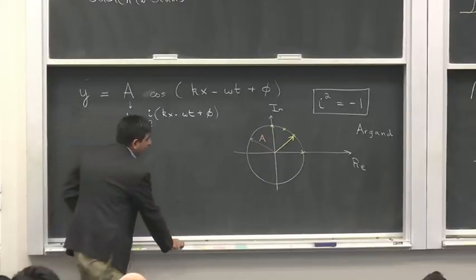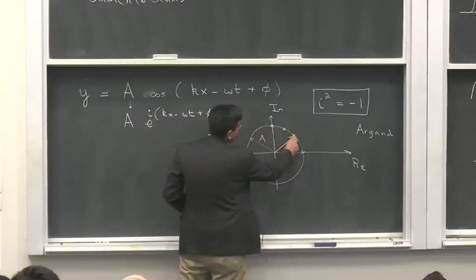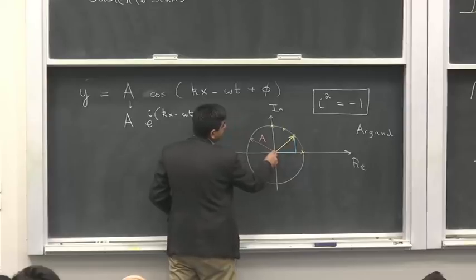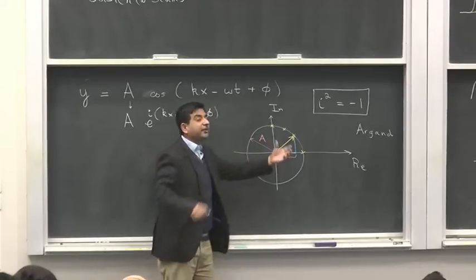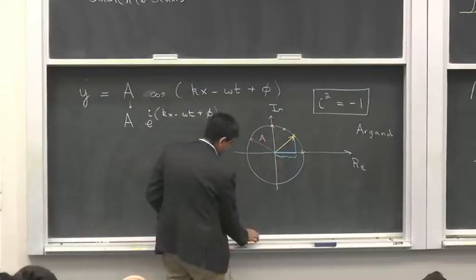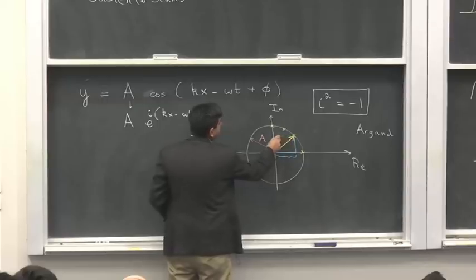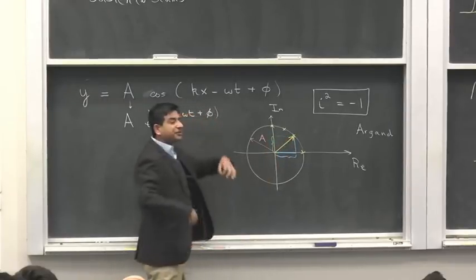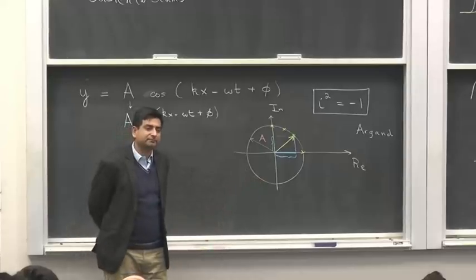Now I can draw a projection on the real axis. This is the real component of the number. Whereas if I draw a projection on the imaginary axis, this is the imaginary component of the number.